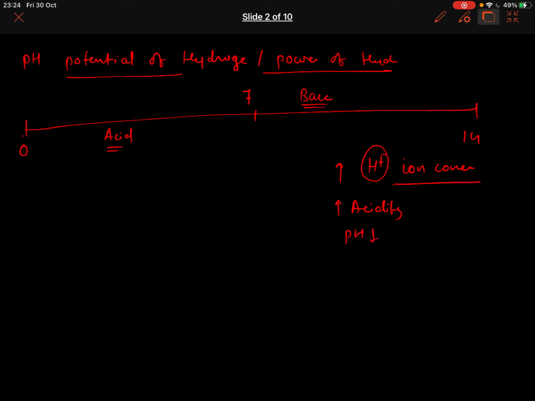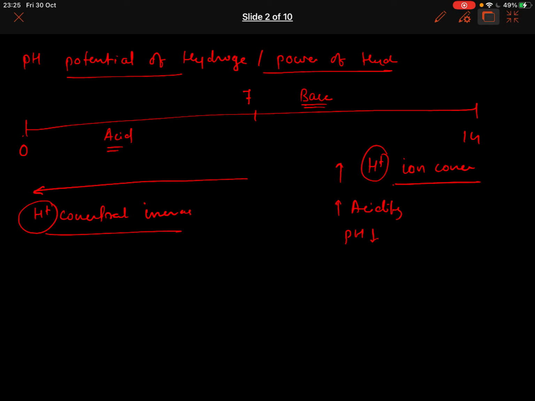So if you go from 7 to 0, the hydrogen ion concentration increases. This is one simple fundamental fact, and we are very much concerned about the hydrogen ion concentration because that is what drives all the biological impact of the decrease in pH, or ocean acidification.